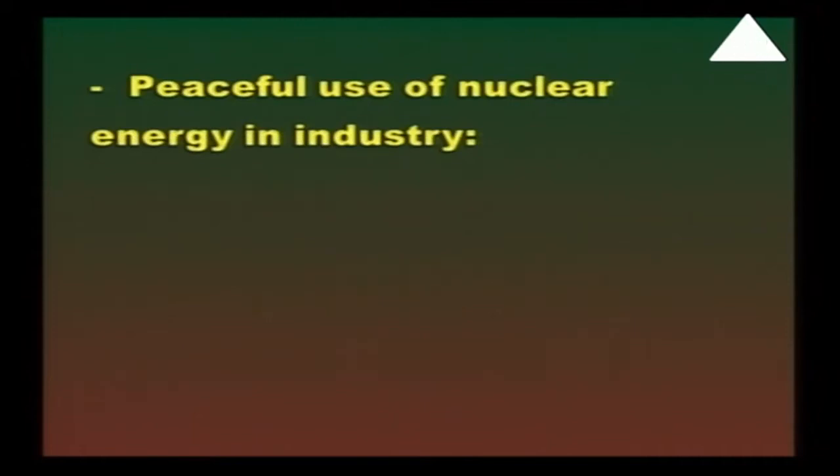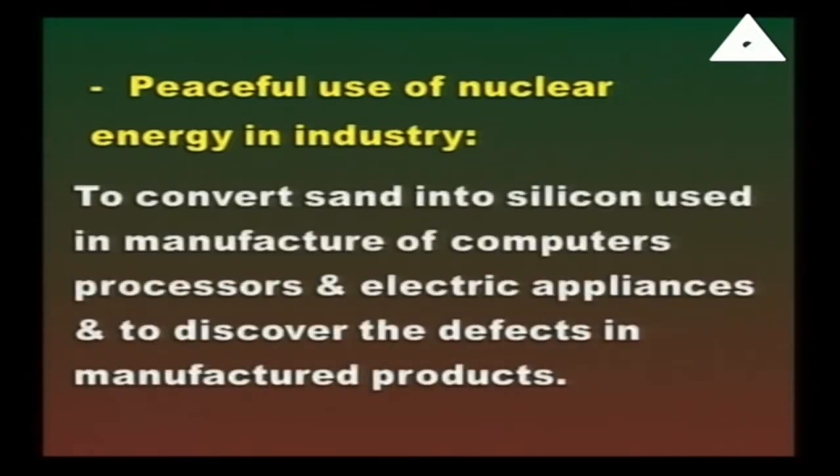What is the importance of the peaceful uses of nuclear energy in industry? We use nuclear energy in industry to convert sand into silicon, which is used in manufacture of computer processors and electric appliances. Also, nuclear energy may be used in industry to discover the defects in manufactured products.